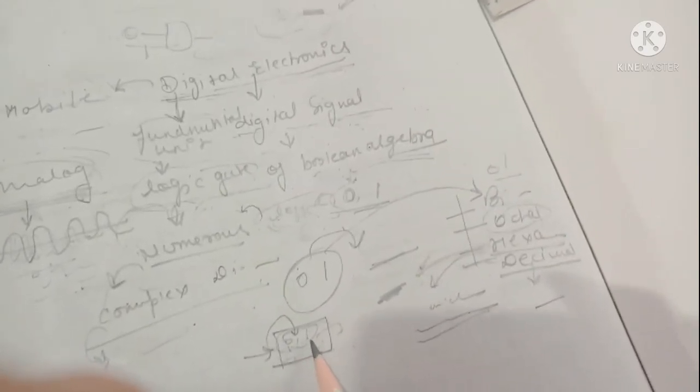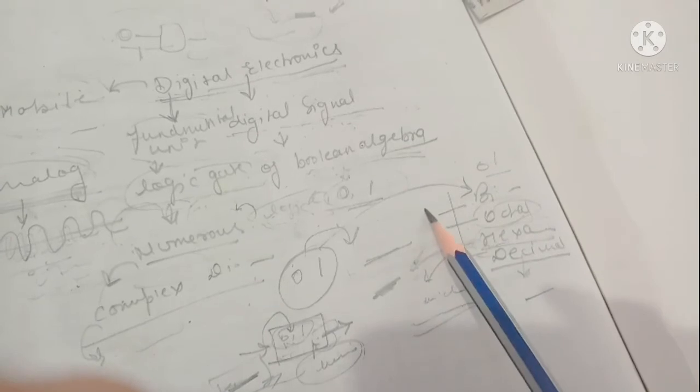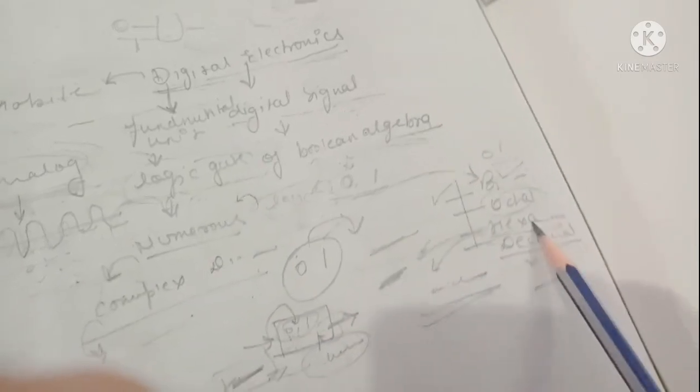It will then convert the result into some other format or the human readable format. Then only you can find out the result you require. So it is necessary to understand the conversion from one number system to another number system.